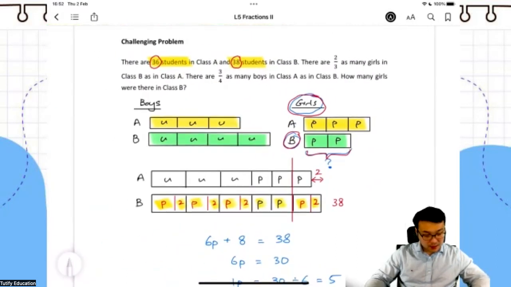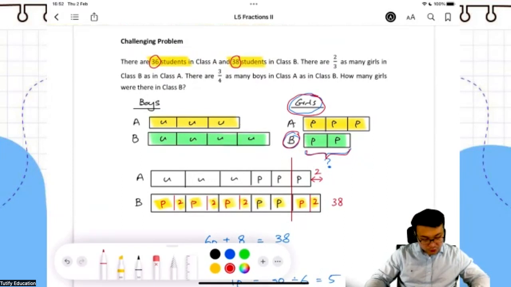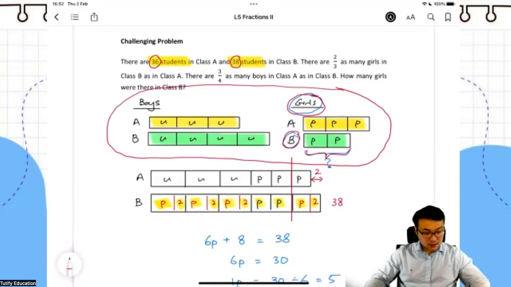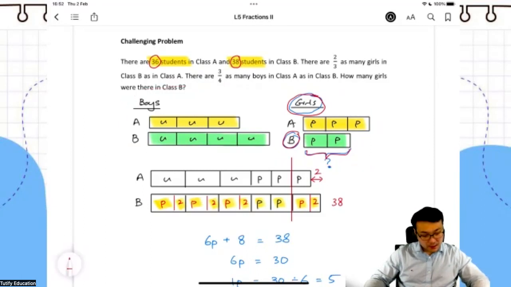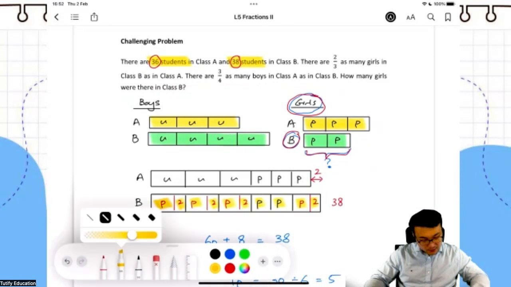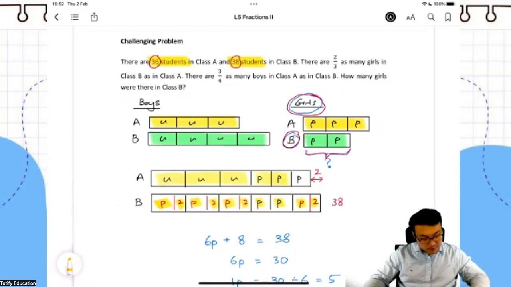Well, Kate, if you already drew the model here on top, will you be able to tell from here what is the value of one part? No. No, and that is the reason why I purposely drew this model at the bottom where I'm combining everything, 3 units and 3 parts.